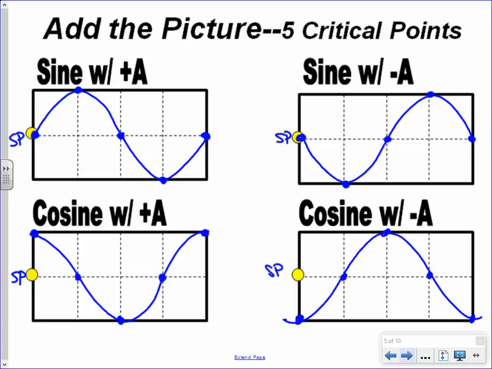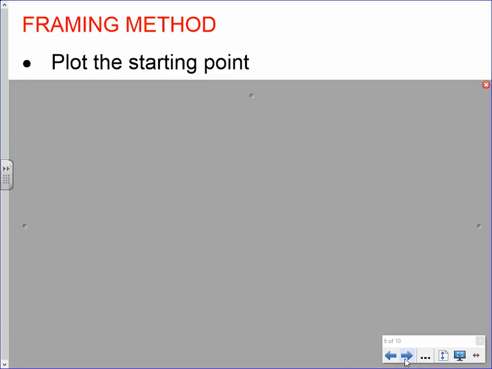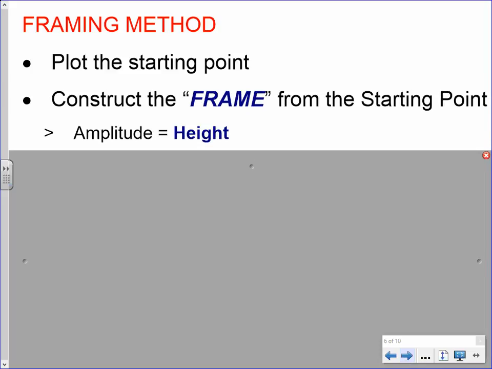So when we draw our frame, you're going to start with the starting point. That's the whole purpose. And then you're going to draw your frame based on the amplitude and period, like it says. Now remember that your amplitude refers to the height, but it's only half of the total height.